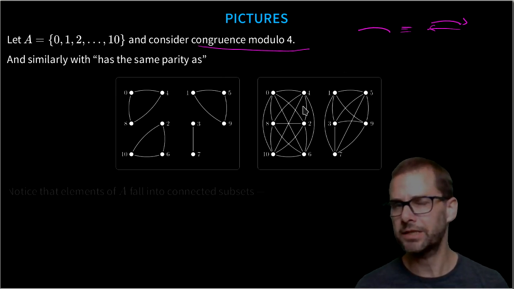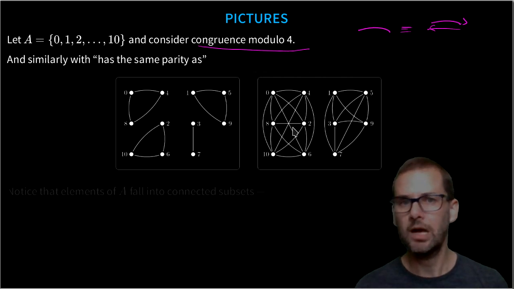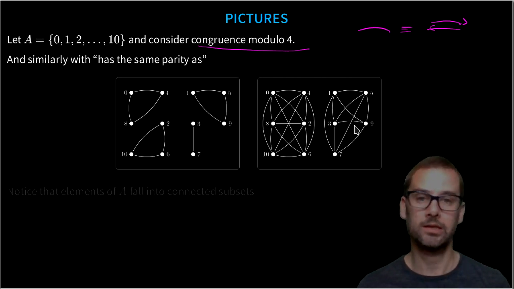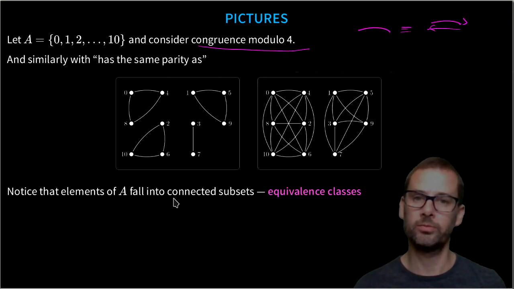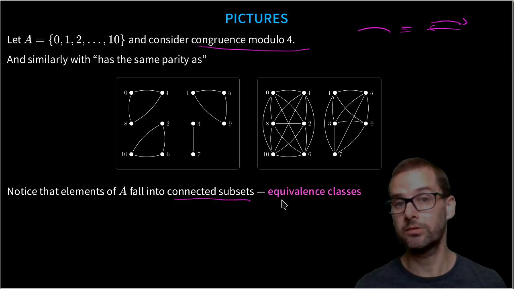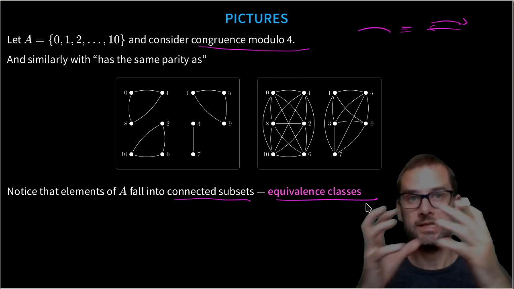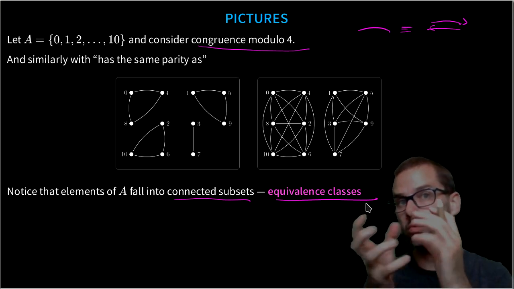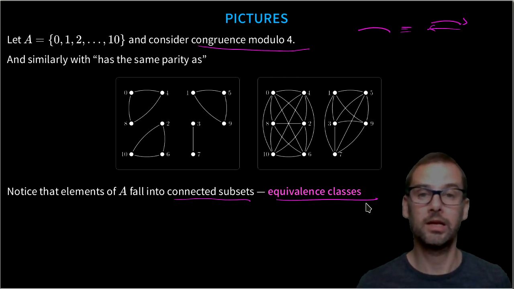And there's no connections between these cliques. Everything in here is connected to each other, but there's no connections between these cliques. So notice that all of these elements of A form into these little connected subsets, and these little connected subsets are called equivalence classes. These are sets or subsets of objects that are all similar to each other and yet different from other connected subsets.